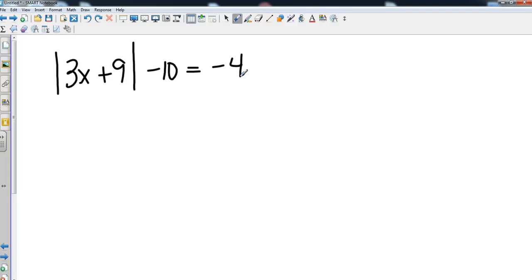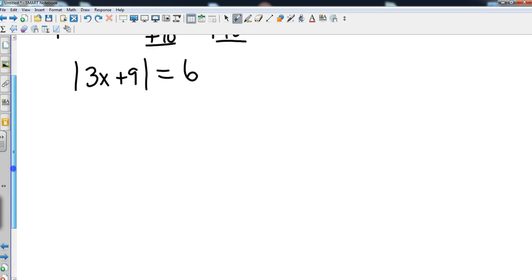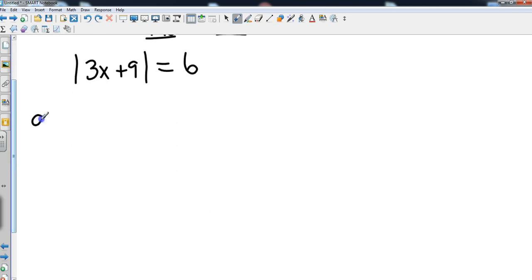And so by rule that we've learned before, we need to get that negative 10 to the other side by addition, and that means we now have the absolute value of 3x plus 9 is equal to 6, and that's possible. There can be a positive 6. So we go back to our first example and we create two equations.